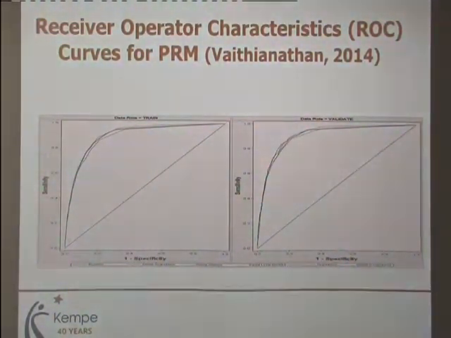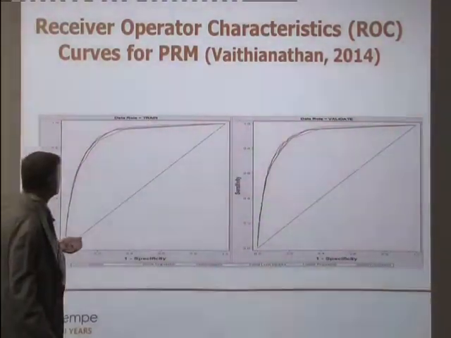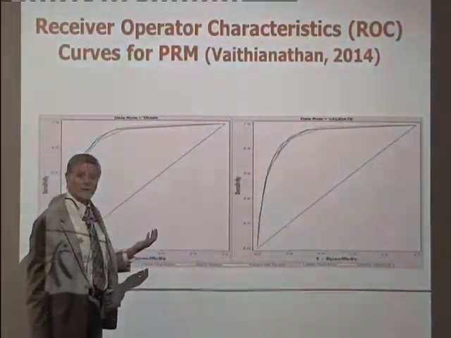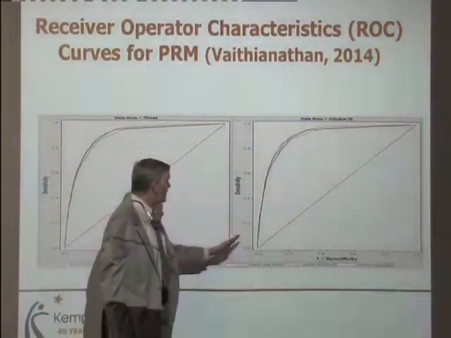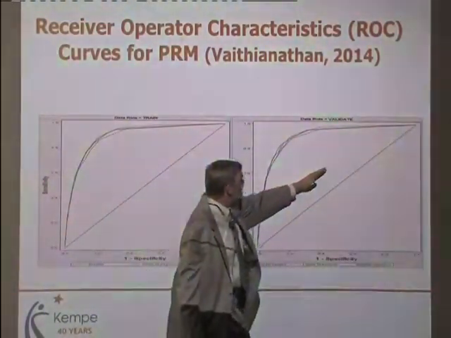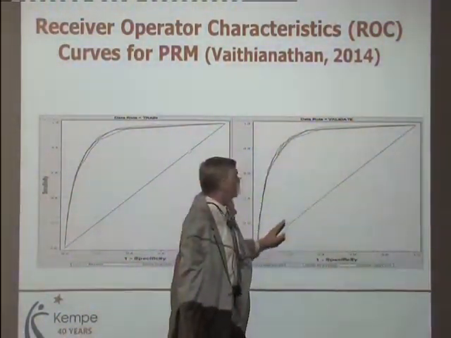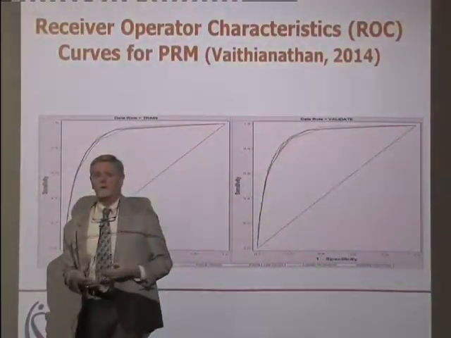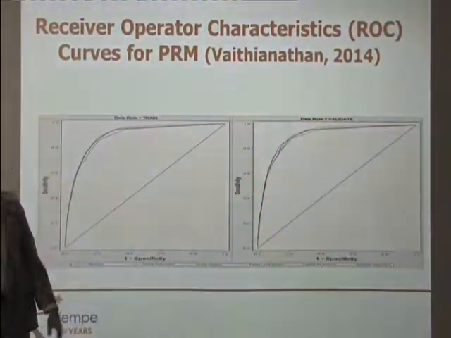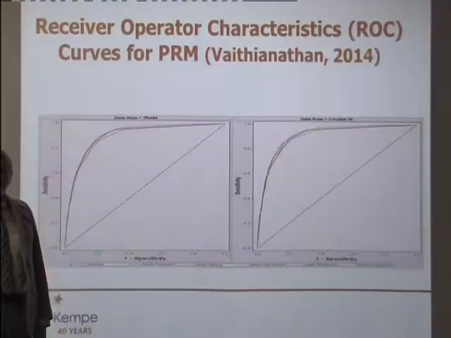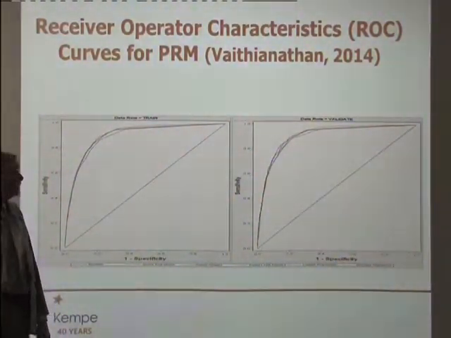In the old days, when we were doing risk assessment models with just child welfare data alone, our typical values of the ROC curves were at about that level. So the areas under the curve were maybe at most 0.65. These are in the 0.9 region, so they're much, much better.